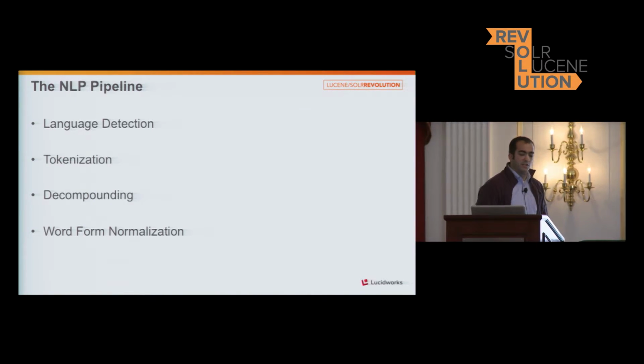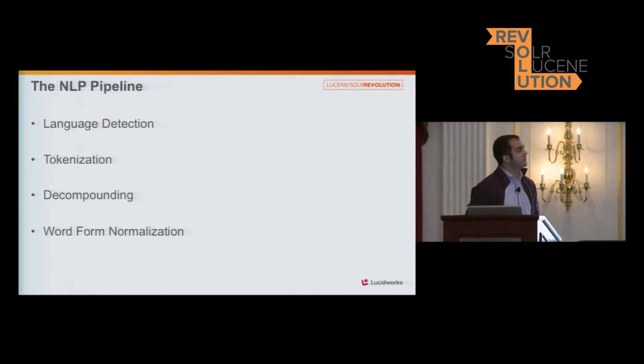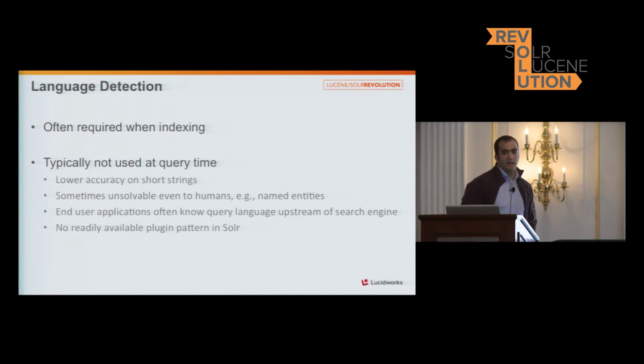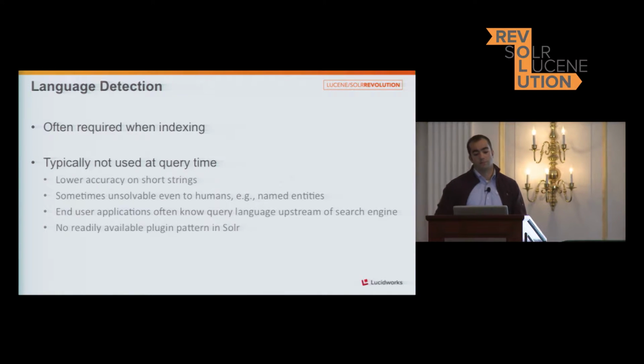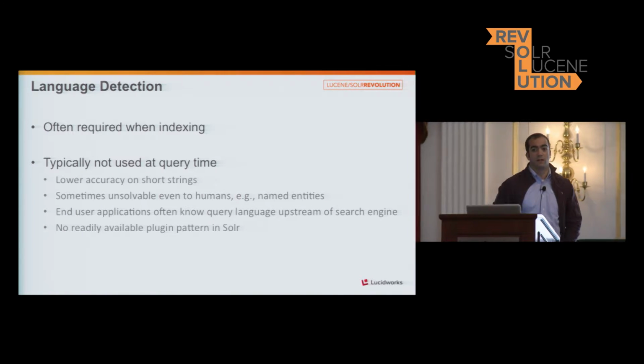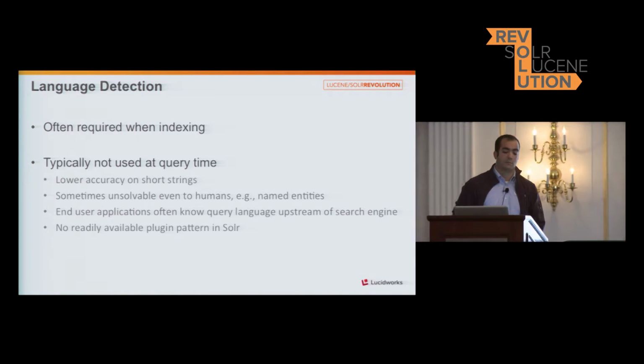Starting with language detection, of all of these, it's really not like the others in a few ways. So the first thing is that it's generally optional, whereas the others aren't. So often you want to detect the language of a document at index time.